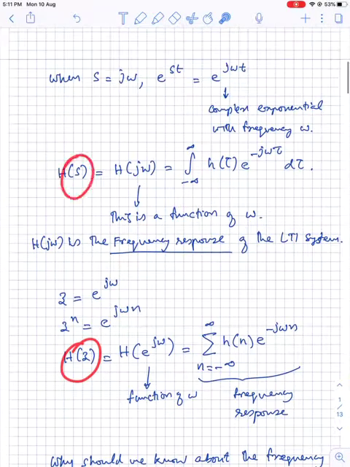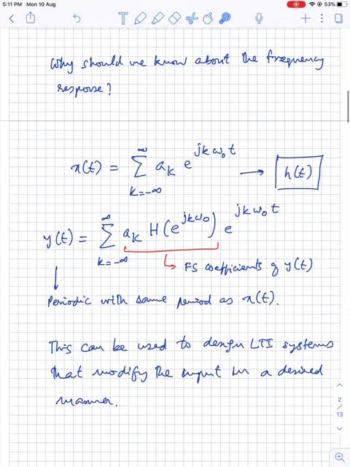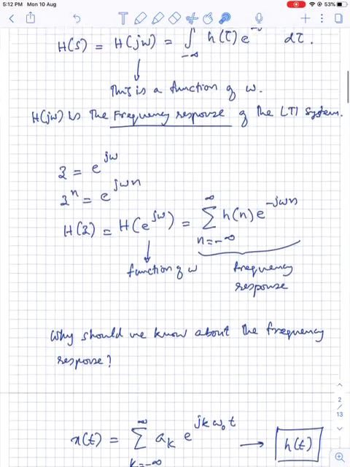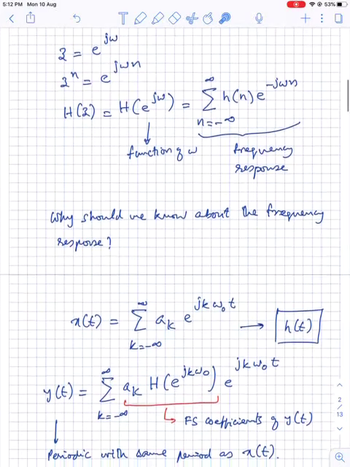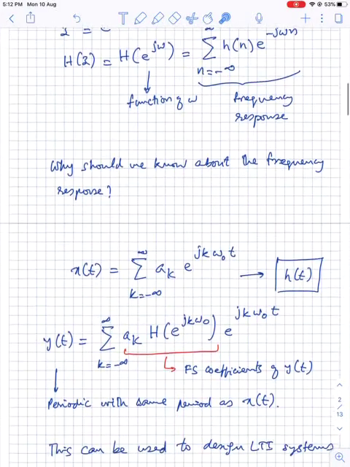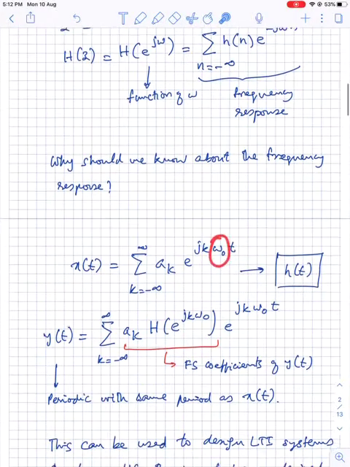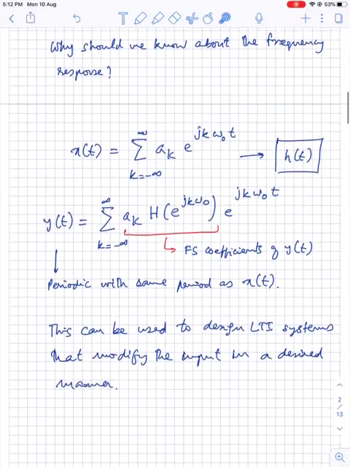Except that we are restricting the values of z or s, because when you represent it by a Fourier series, s is not any complex number. s is a harmonically related complex exponential with respect to the fundamental omega naught. Those frequencies of the complex exponentials are integer multiples of omega naught.